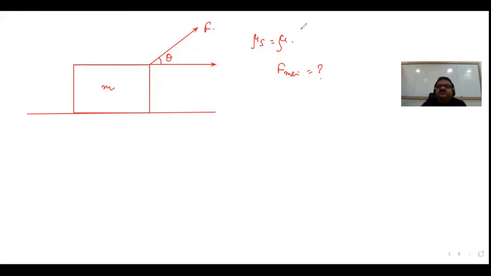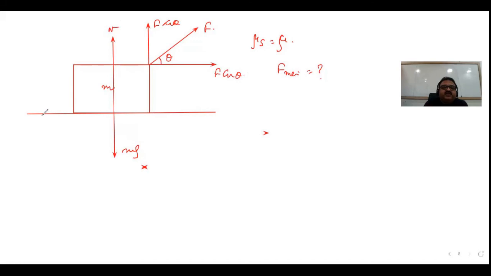Let us divide this force into two components. This is equal to F cos theta and this is equal to F sin theta. And other forces which are acting on the body are the weight and the normal reaction. So this is mg and this is normal reaction.